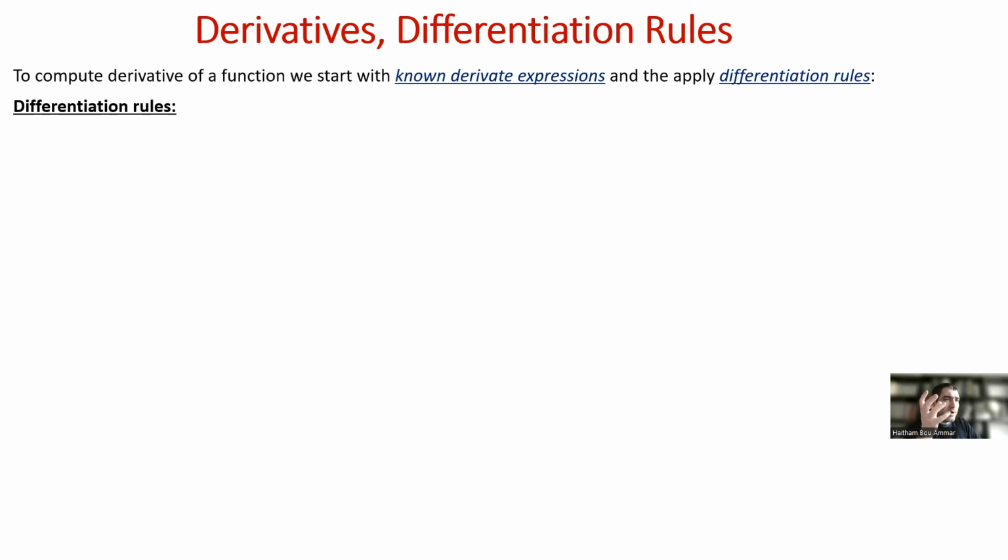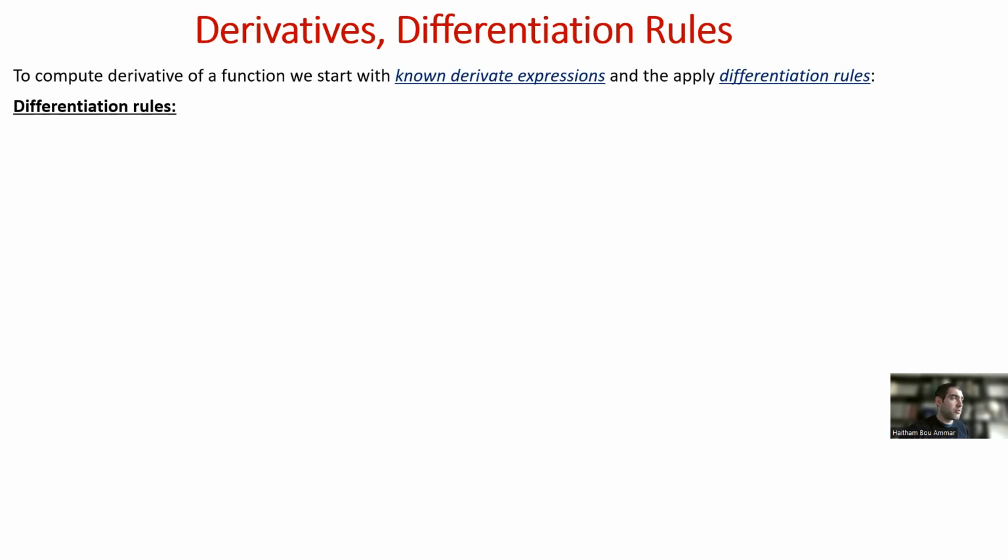Typically these more complex functions are built from building blocks, and the building blocks are the simple functions presented previously. So we take these simple functions and construct something more sophisticated from them. Then the question is, how can we compute the derivative of this more sophisticated thing?